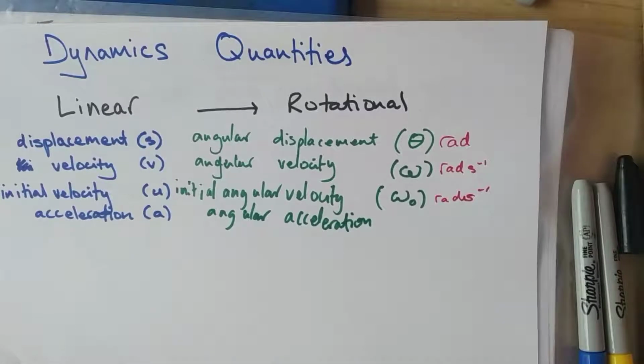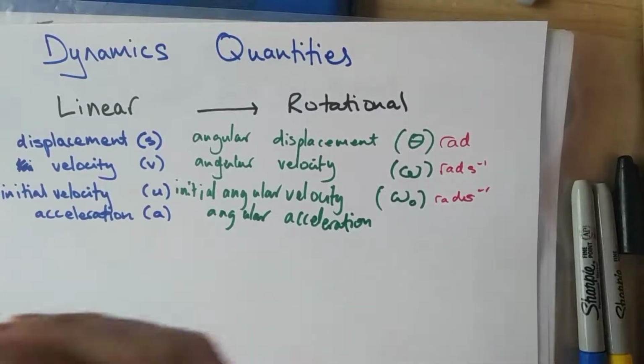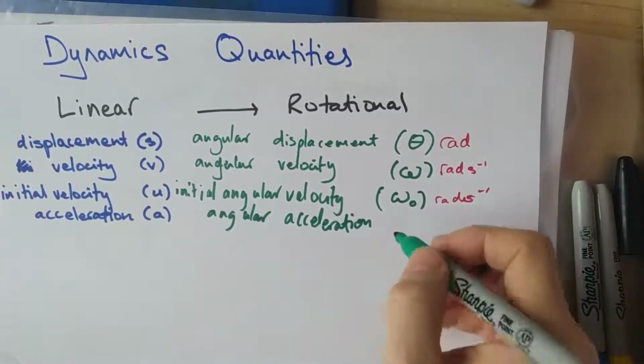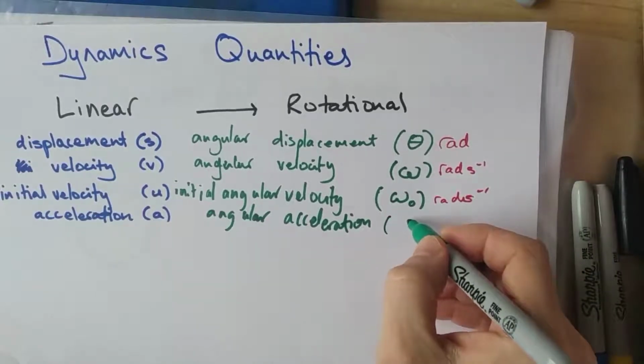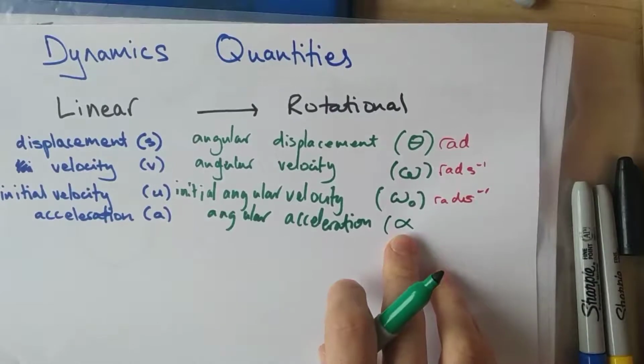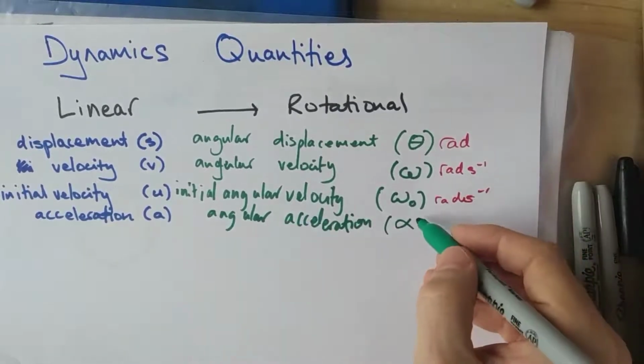But if you imagine something spinning up, think about a car tyre spinning up, well, it's going to accelerate. It's going to start at 0 and get faster and faster, so it's going to have an angular acceleration. The symbol we're going to use for angular acceleration is alpha, which we've seen before as a symbol for alpha radiation, but here in these equations we're using it to represent angular acceleration.